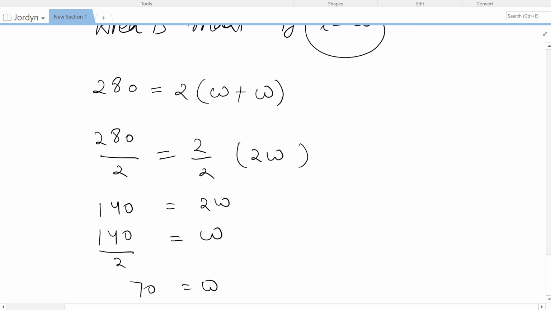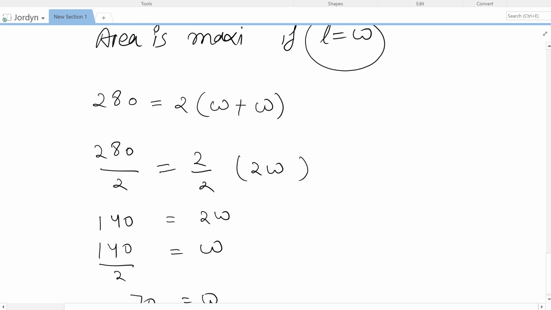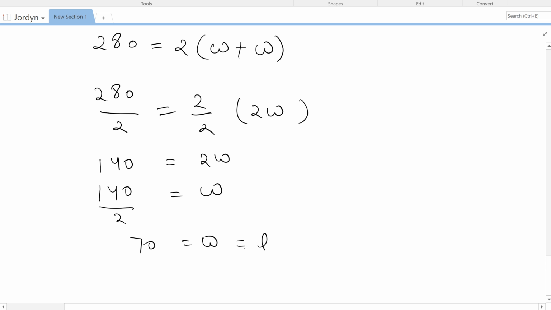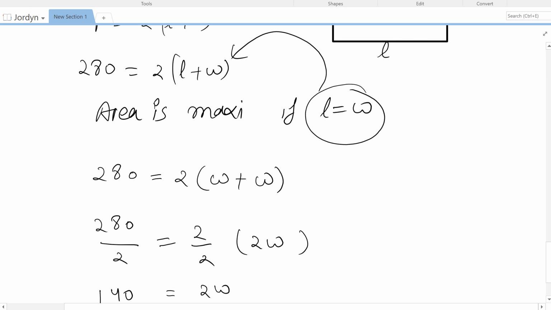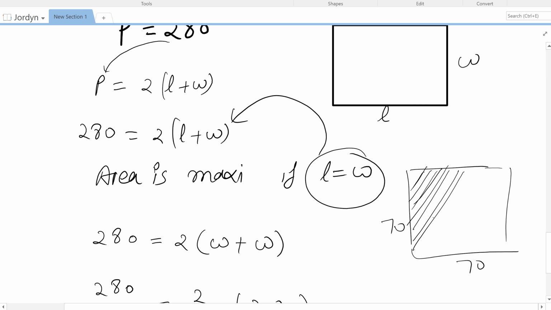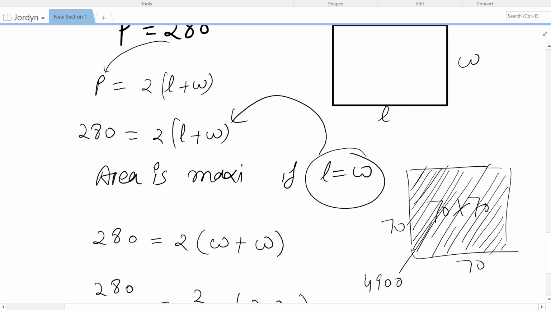Good. Now, Jordan, we substitute this value of W in here and find the length. So width is 70, therefore L is also 70, right? Because L and W are the same. So 70 and 70 are the dimensions. That means the area is going to be maximum if they are both 70. Now, what is the area, honey? How would we find the area of that? 70 times 70. Very good. So the maximum area is going to be 4900.